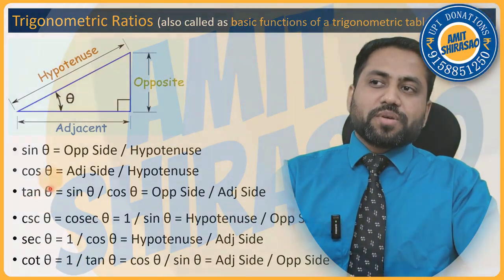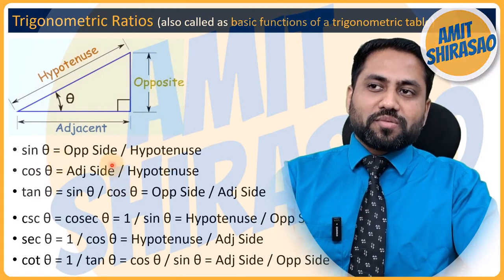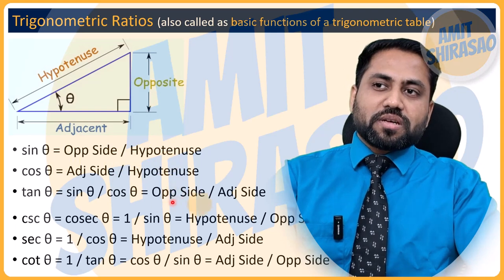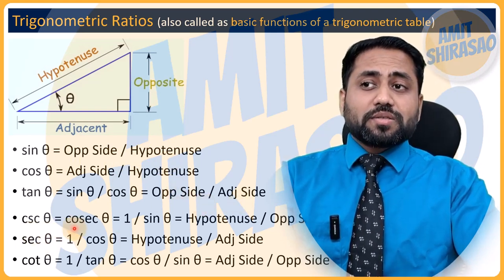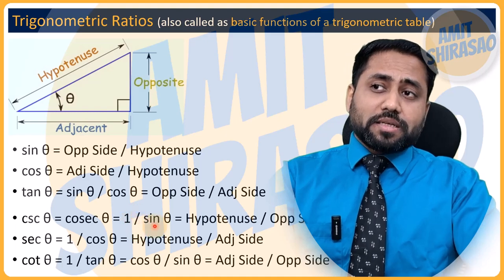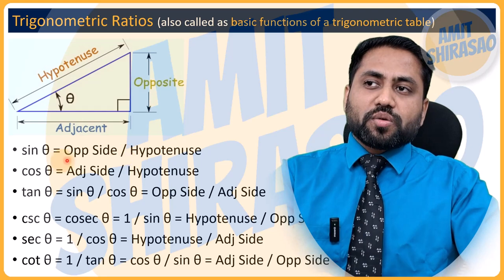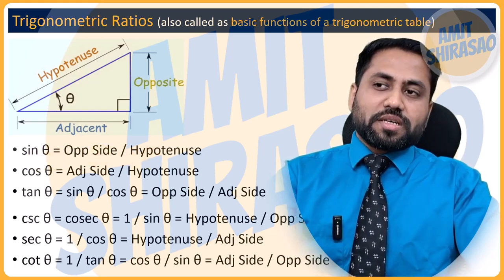Tan theta, you can remember as sine theta upon cos theta. So what will that give us? The denominator will get cancelled, so it is opposite side upon adjacent side. Cosec theta is 1 upon sine theta, so it is the inverse of sine theta, so it is hypotenuse upon opposite side.